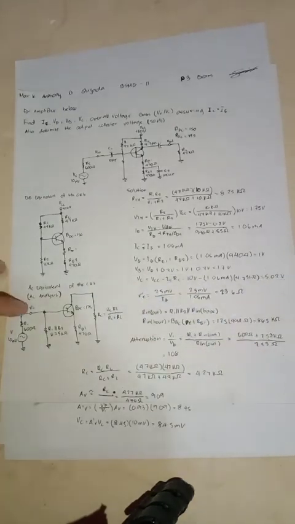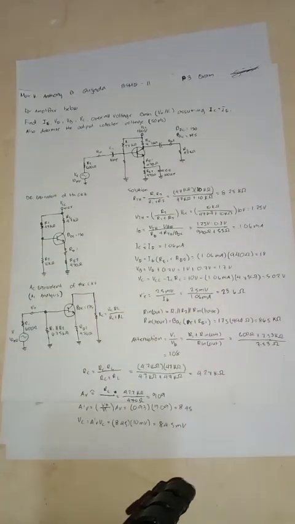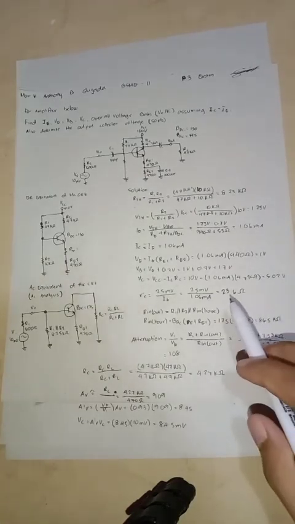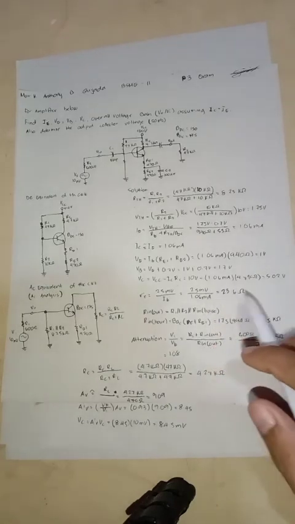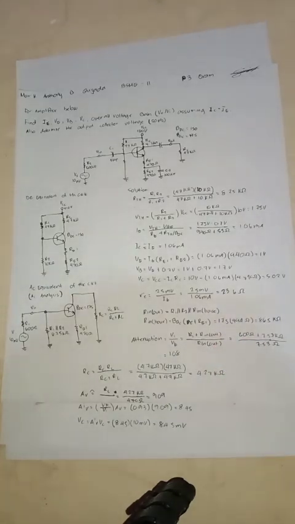In the next figure, which is the AC analysis, we will be getting the total equivalent resistance of our emitter. The formula is 25 millivolts over the emitter current. Substituting, 25 millivolts over 1.06 milliamperes is equal to 23.6 ohms.